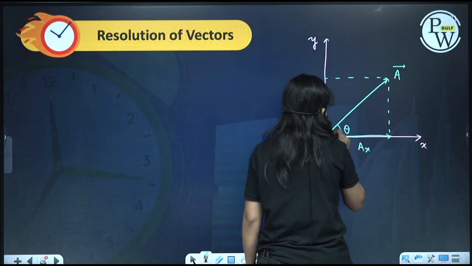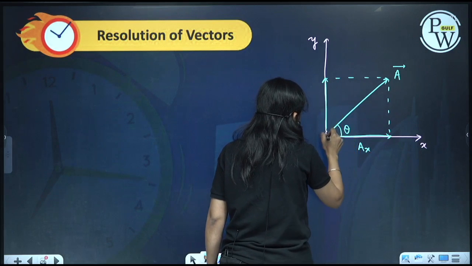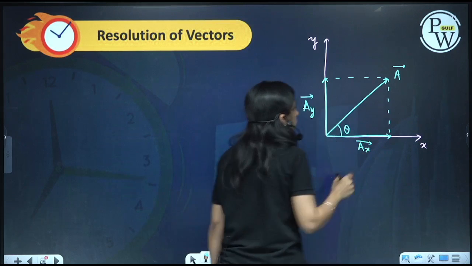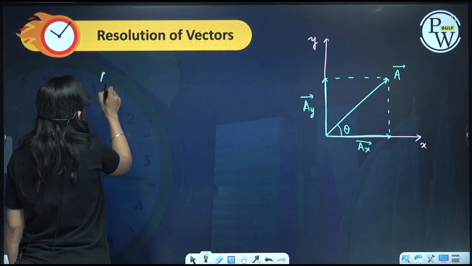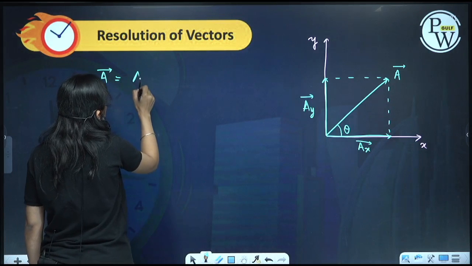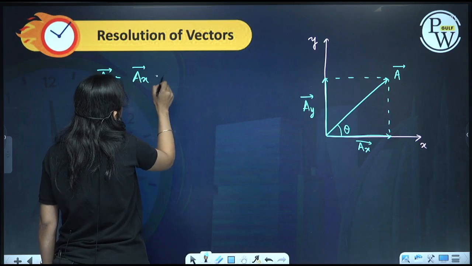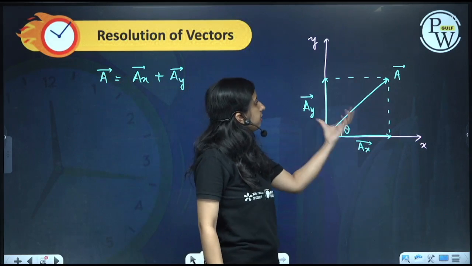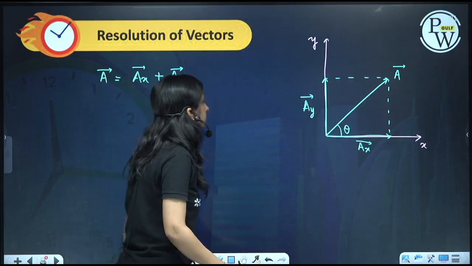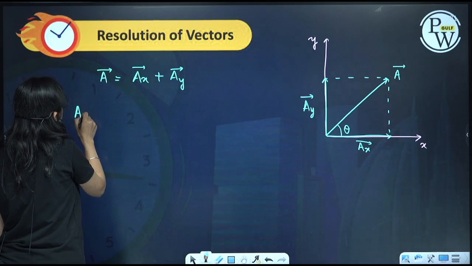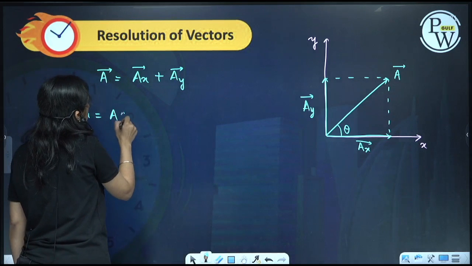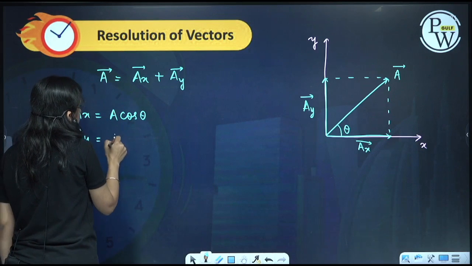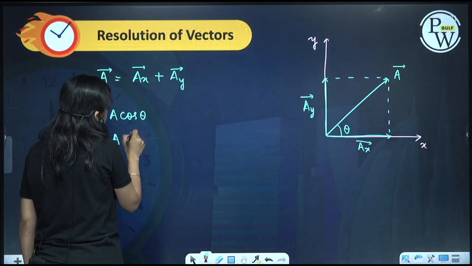Ax and Ay. So a vector A is resolved into two components, Ax plus Ay. And see, by parallelogram law, A is the resultant of Ax and Ay. Now the magnitude of Ax will be equal to A cos theta and the magnitude of Ay is equal to A sin theta.